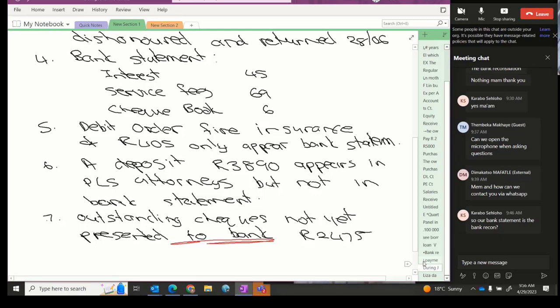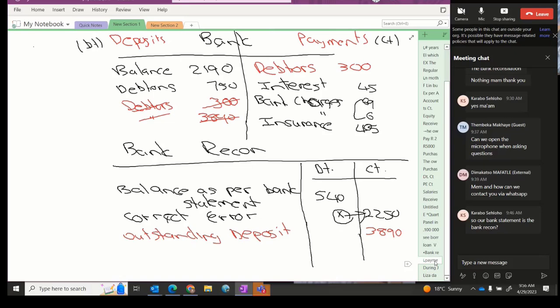Okay, let's just go there. Since it was a payment made, you did write it on the credit side. So now the outstanding check will be under the debit side, 2475. Right.